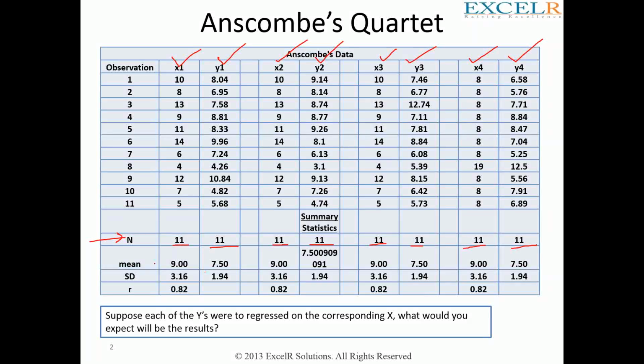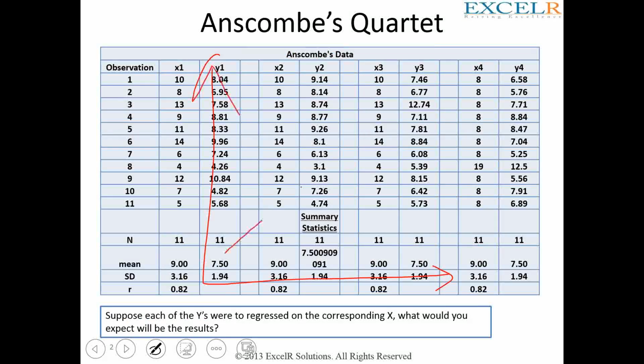If you look into it, the mean value is approximately the same across. Standard deviation is the same across. Correlation coefficient, R, is the same across, 0.82. What does that mean? Does that mean that the relationship between X and Y would be in this direction?